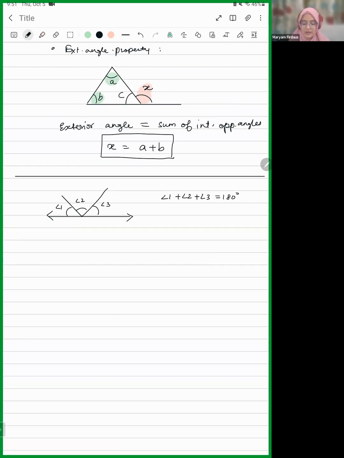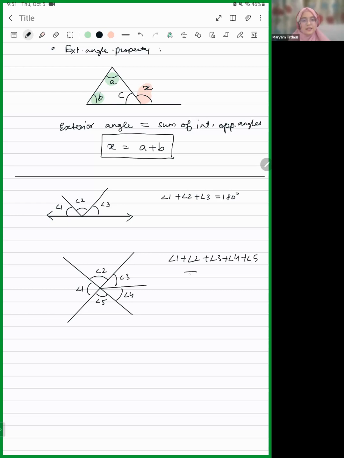Let's say there are a lot of angles over here. Let's say this is angle 1, angle 2, angle 3, angle 4, angle 5. What is going to be the sum of angle 1, 2, 3, 4 and 5, all of these angles?